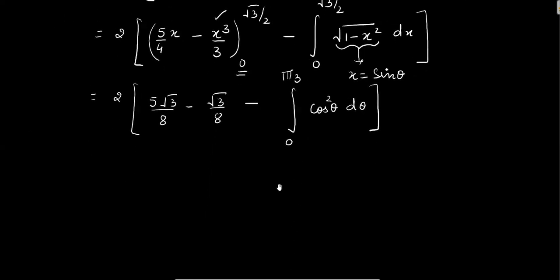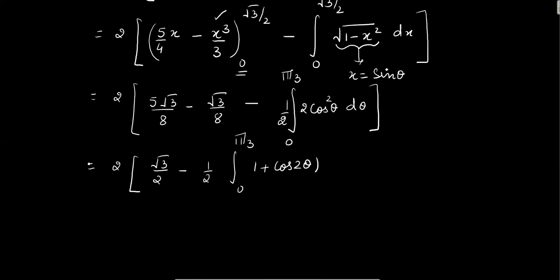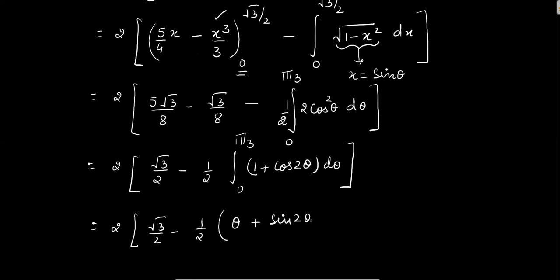Fine. So just 2 more steps and we will get the answer. Right now we have 4 root 3 by 8, so I'm writing it as root 3 by 2 minus, multiplying and dividing it by 2 so that it becomes integrable. Writing once more from 0 to pi by 3, 2 cos square theta means 1 plus cos 2 theta. Integrating term by term, this is 2 times root 3 by 2 we already have, minus 1 by 2 theta, and the integral of cos is going to become plus sine 2 theta divided by 2.